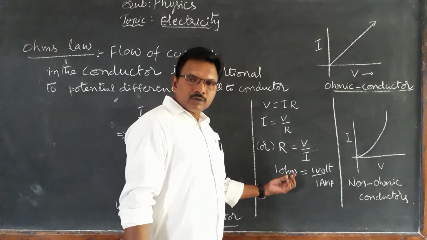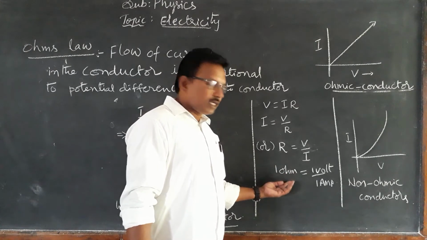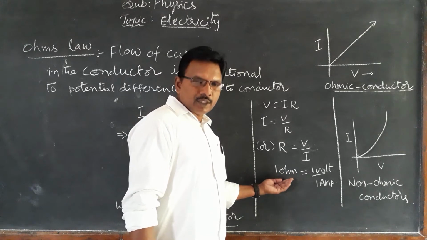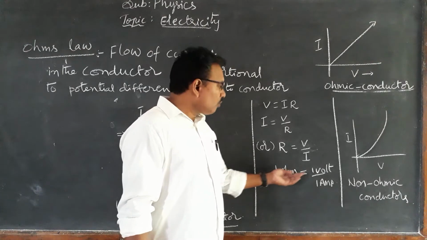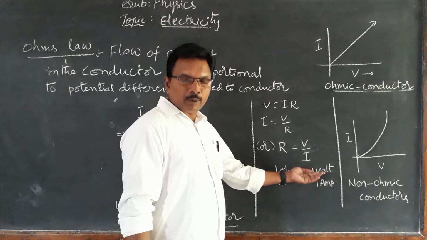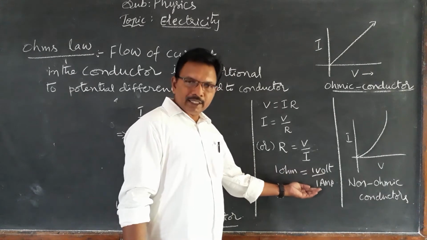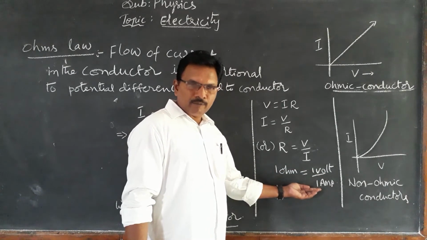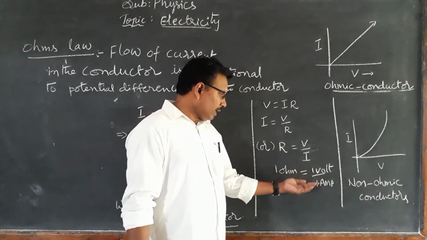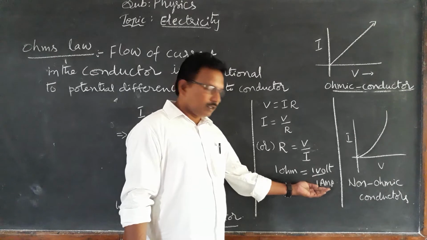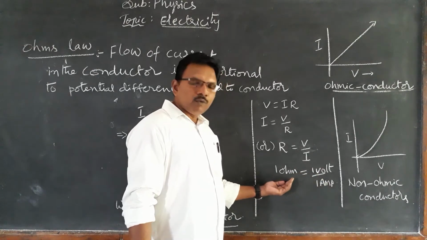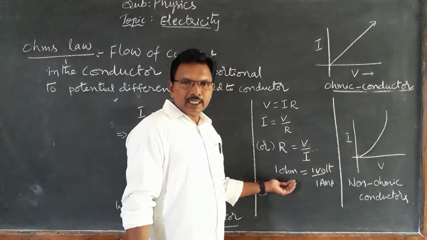The SI unit of resistance is ohm. 1 ohm is equal to 1 volt potential difference and 1 ampere current. V by I, with 1 volt potential difference and 1 ampere current, gives 1 ohm resistance of the conductor.